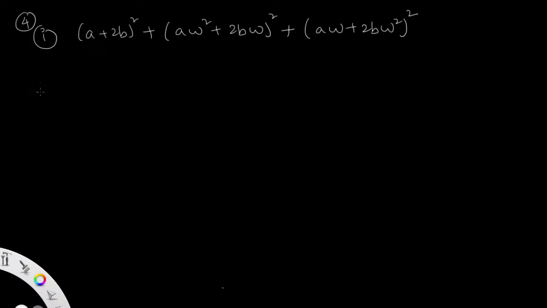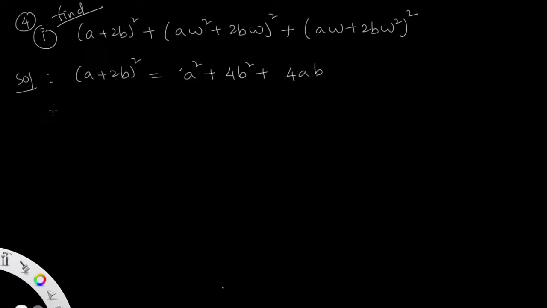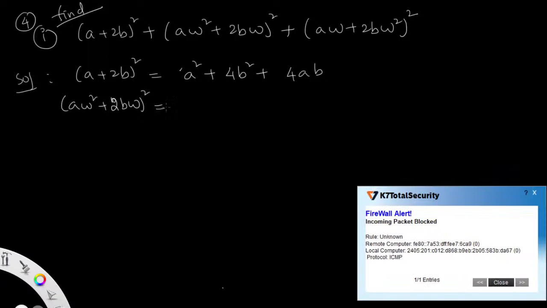Then find the total value of this; that is the question given. So simplify: a plus 2b whole square is a square plus 4b square plus 4ab.